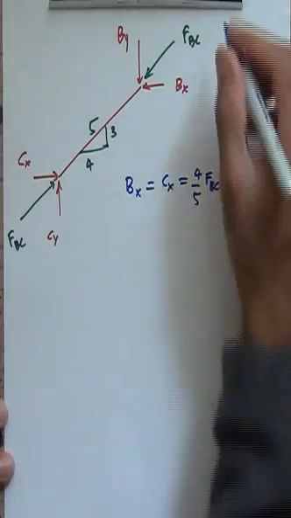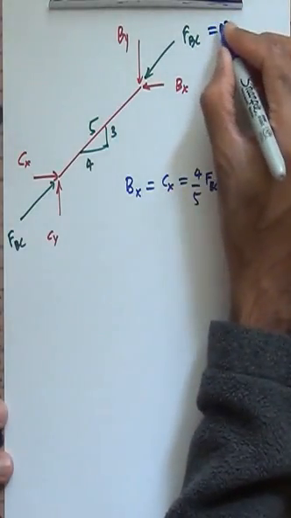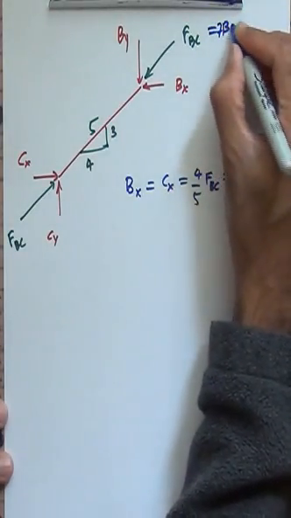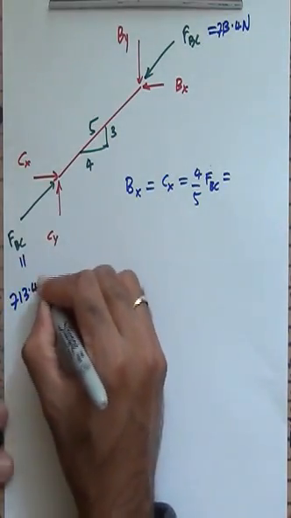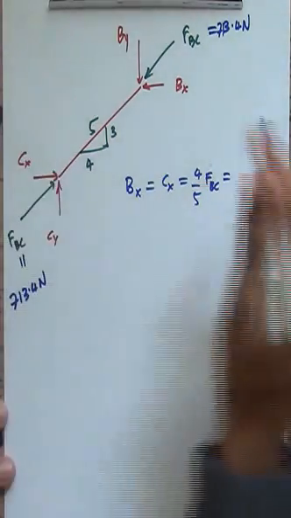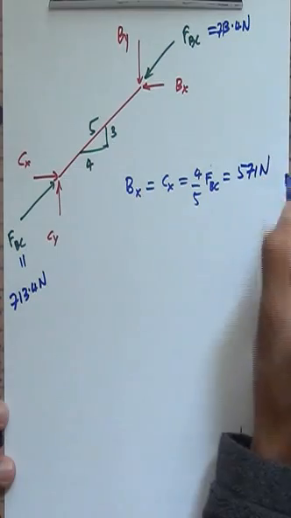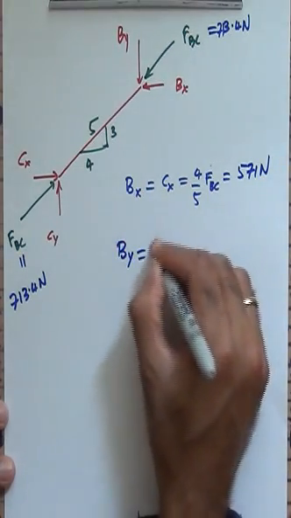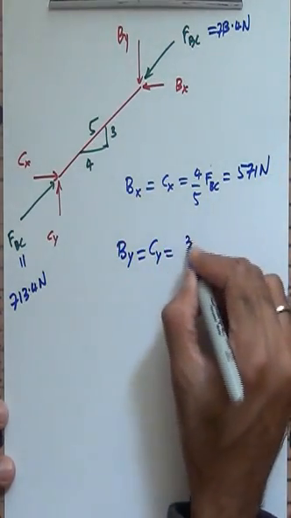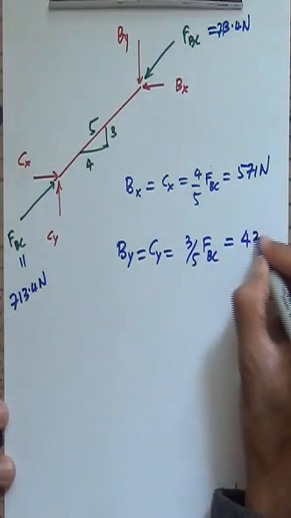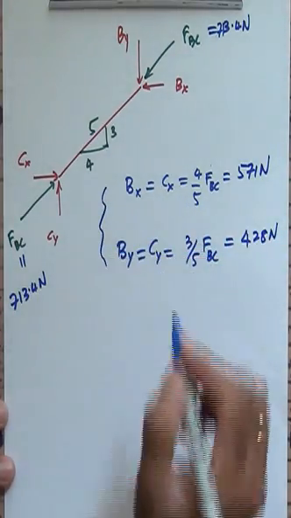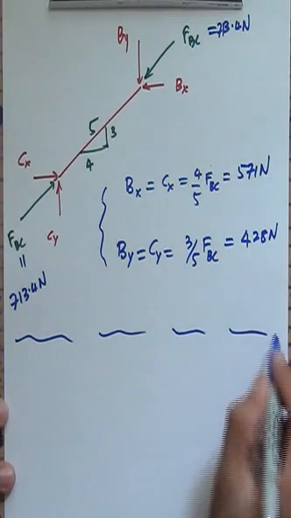Once you perform the computation, FBC was 713.4 newtons. So 4/5 FBC will give you around 571, and then BY is equal to CY was 3/5 FBC, and this will give you around 428 newtons.